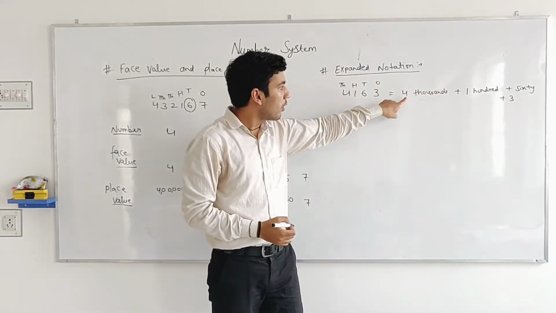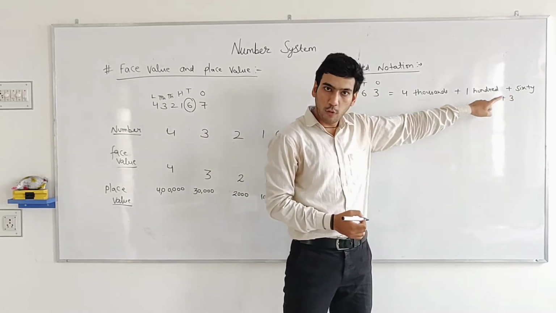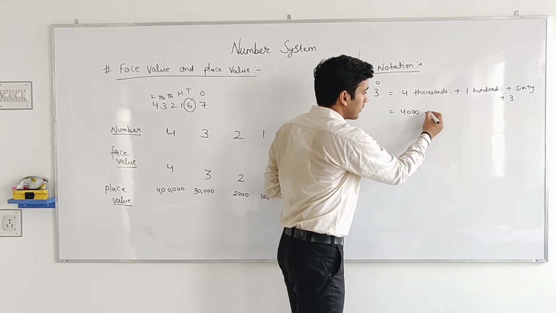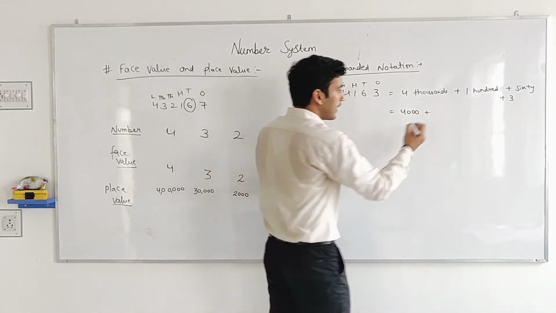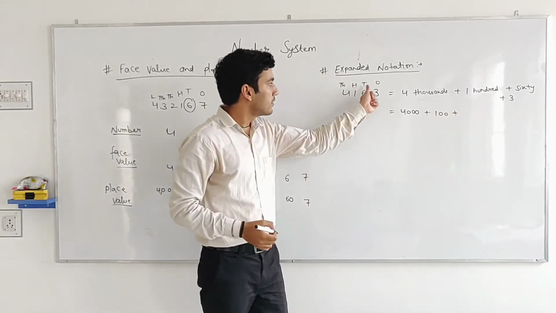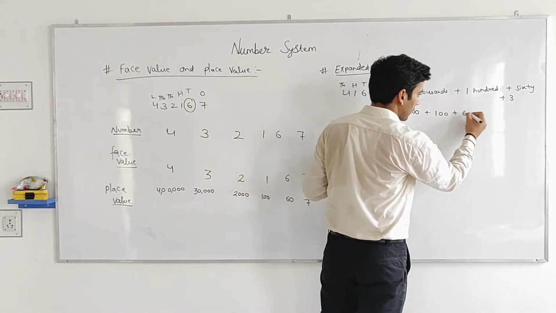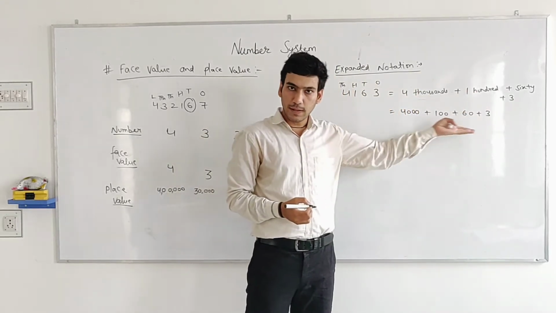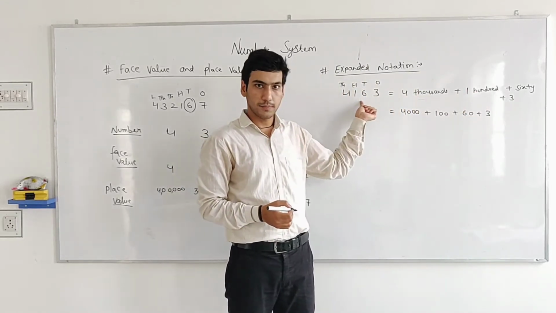Or you can also write this as 4000 plus 100 plus 60 plus 3. So this is the expanded form of this number.